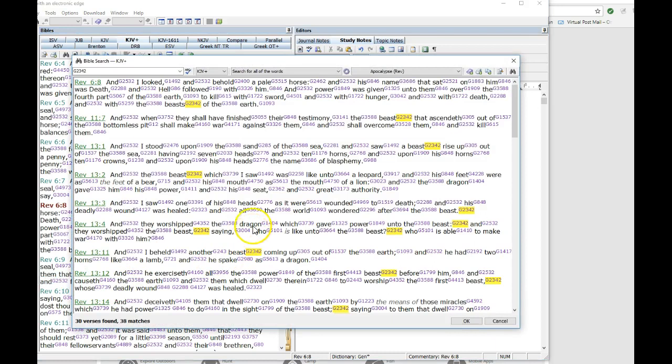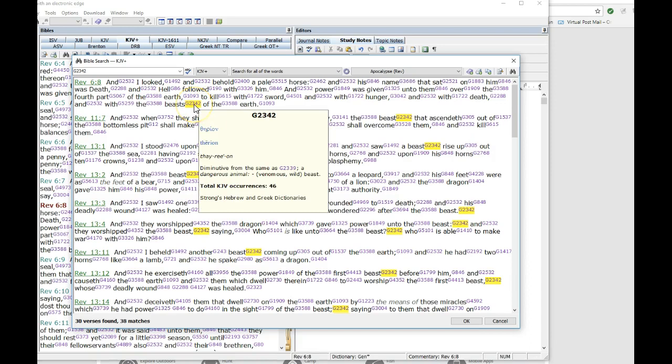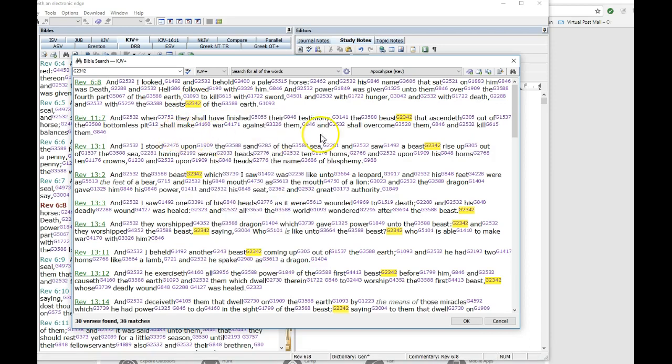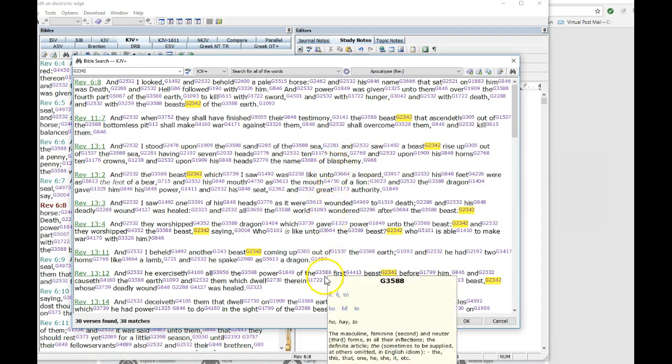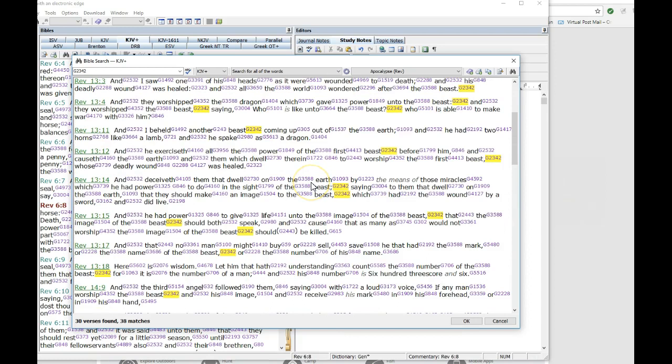Where is the beast? Here's our first reference we just looked at. But then the other therions in the book of Revelation, where do they show up? It's the beast out of the bottomless pit, the beasts that rise up in 13, which is the Antichrist and the false prophet, as many interpret. Beast, all in Revelation 13.